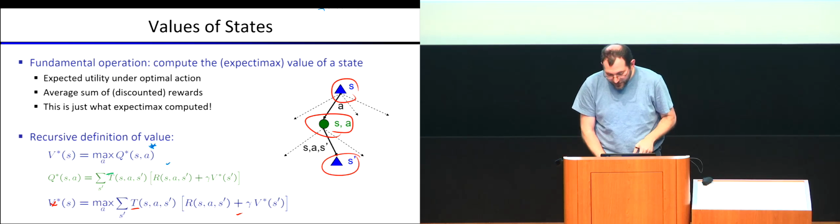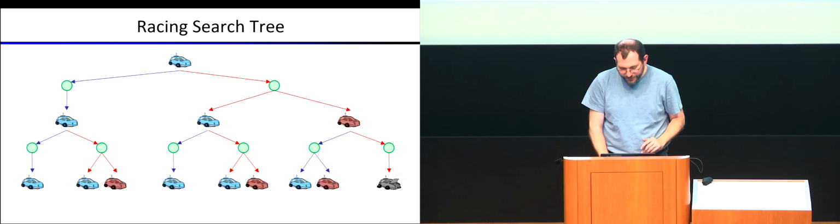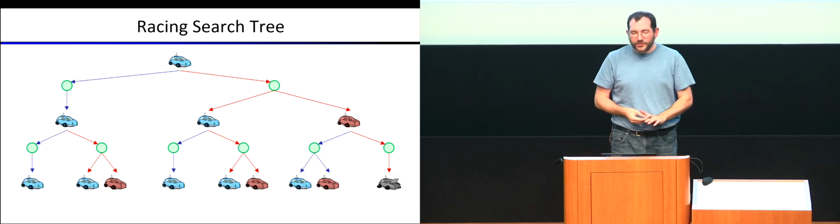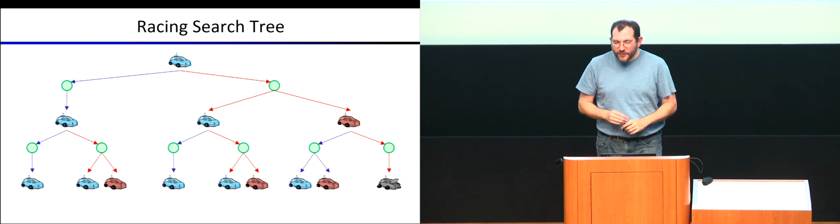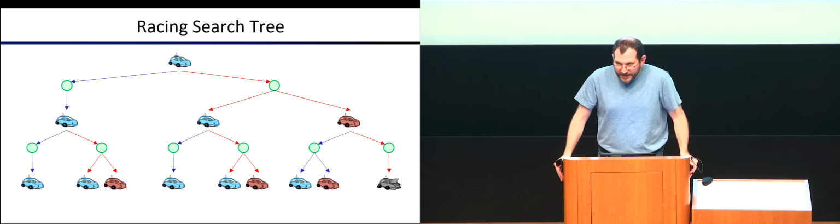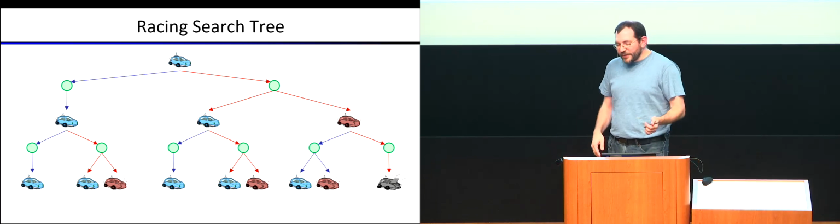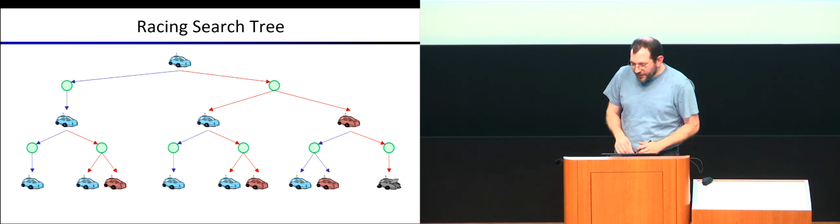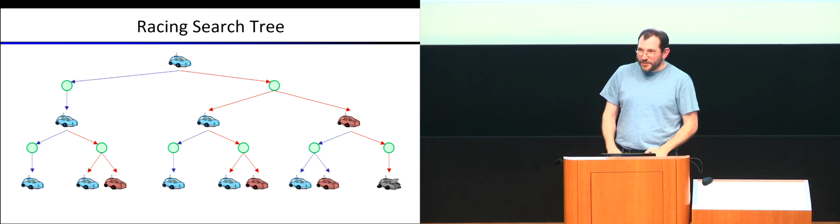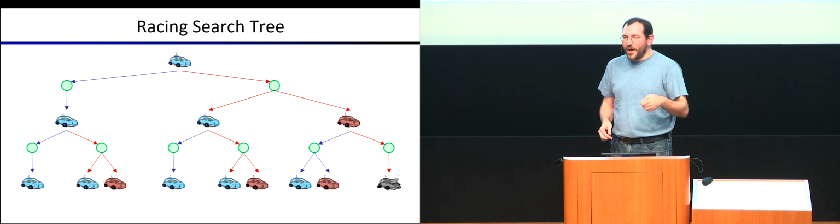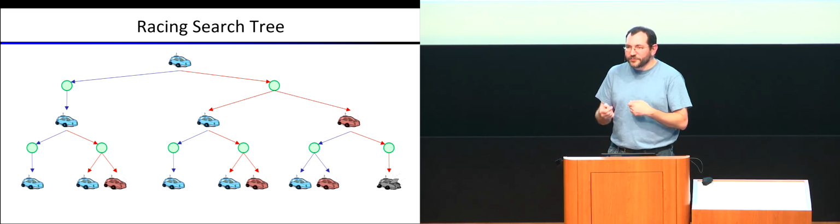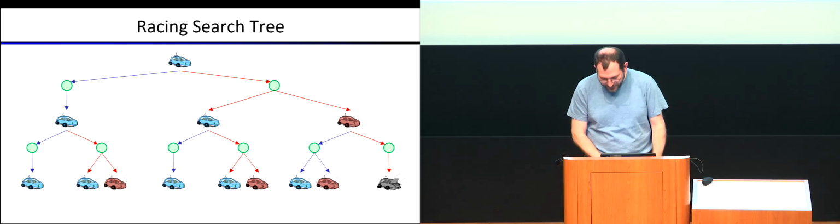And again, these are called one-step look-ahead equations or Bellman equations. Okay, let's look at that racing search tree again. So if we look at this, well, I could run Expectimax on this. But when I look at this, I think maybe there's a better algorithm because those same states seem to appear over and over again, and as we know, their optimal values are all interrelated by the system of equations.